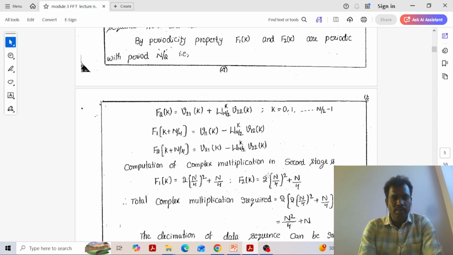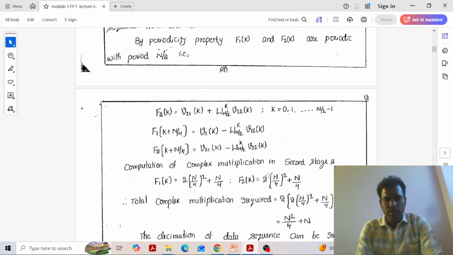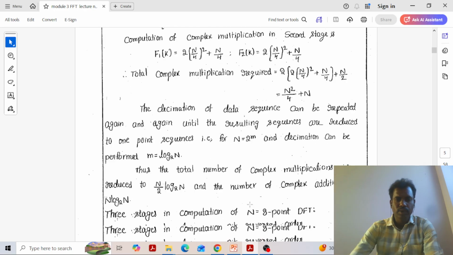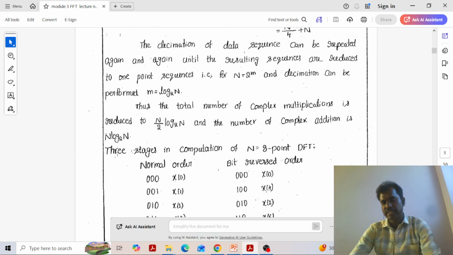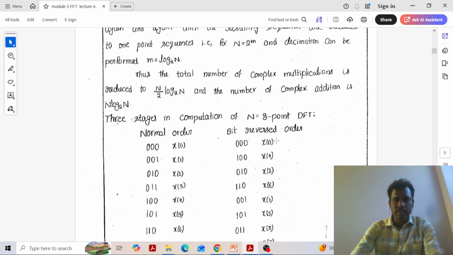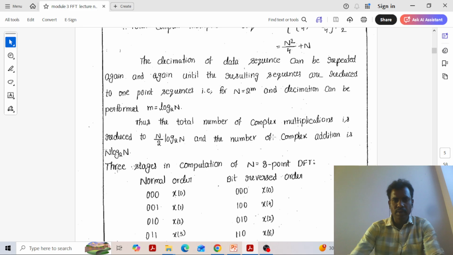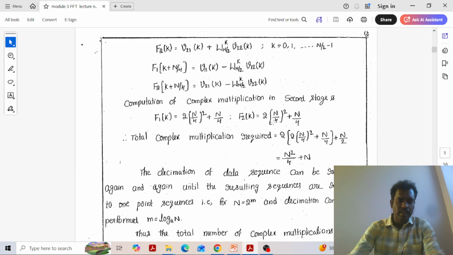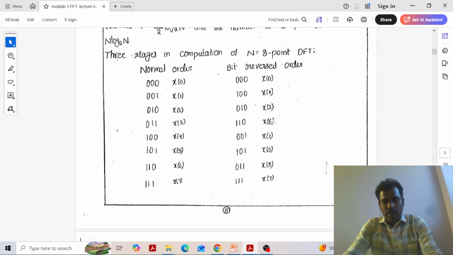Every time we proceed from one stage to another stage, the computations are reduced further. Therefore, finally, the number of computations is log N base 2 into N by 2 multiplications. This is one stage we have considered, and in a similar manner it will be repeated for every stage.